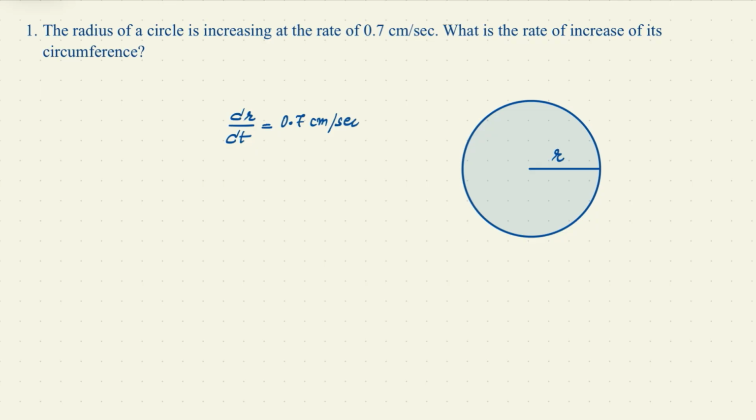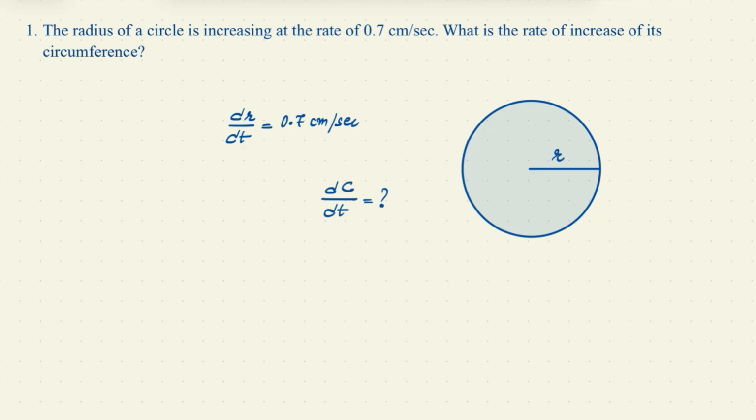There's a fraction between centimeter and second, so of course I have written radius over time. So dr over dt is 0.7 centimeter per second. The question is asking to find the rate of increase of the circumference, that means the rate of change of circumference with respect to time. So we have to find dc over dt.